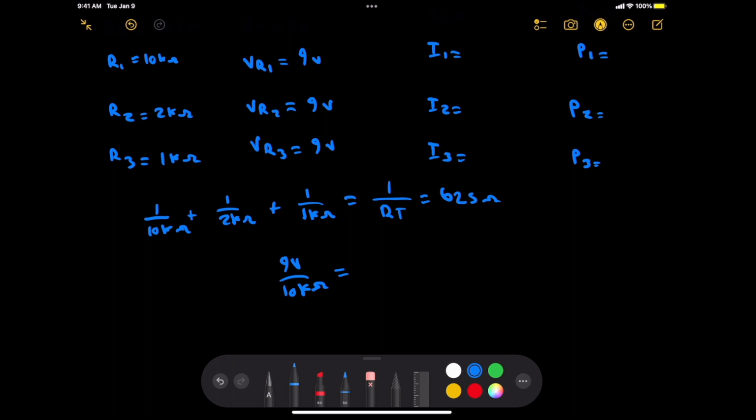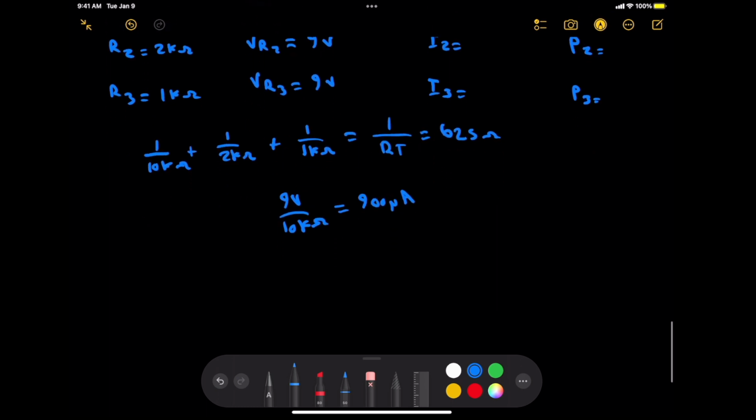9 divided by 10K is equal to 900 microamps. Let's do 9 volts divided by 2K. That's equal to 4.5 milliamps.